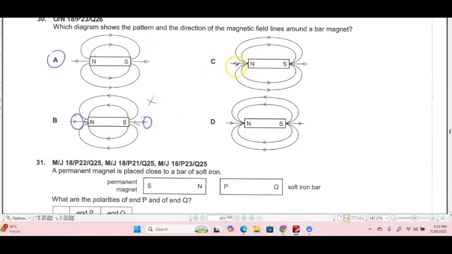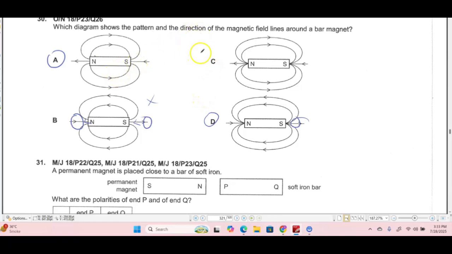So this is not correct. Over here, north, and over here, south. And in D this is wrong. So A is our correct option.